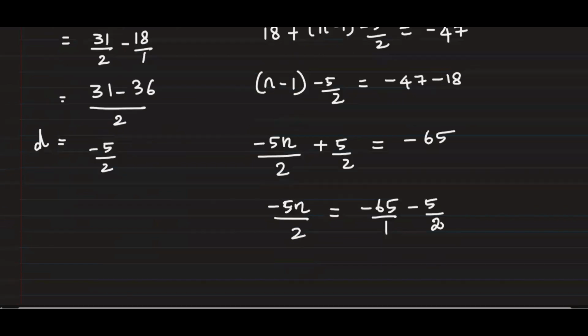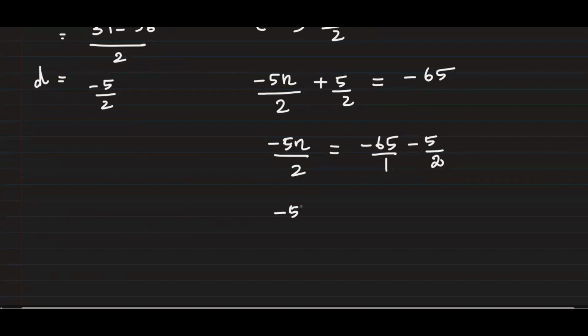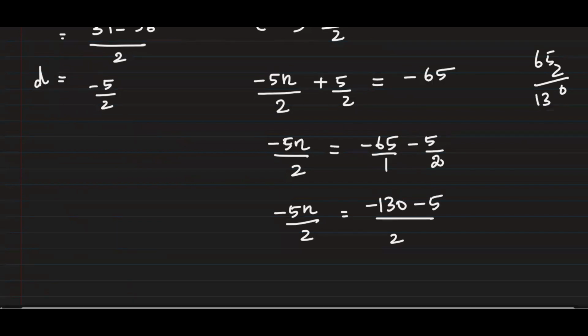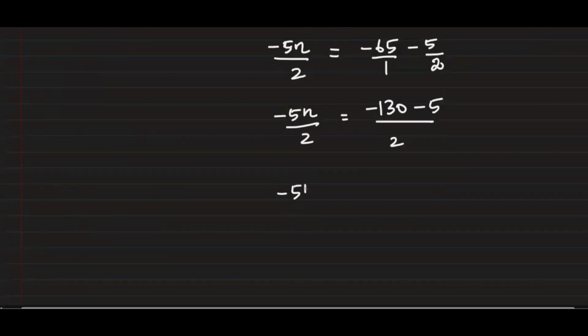Let's take LCM to solve. So minus 5n by 2 is equal to, 65 into 2, 130. So minus 130, then minus 5, minus 5n over 2, which is equal to minus 135 over 2.